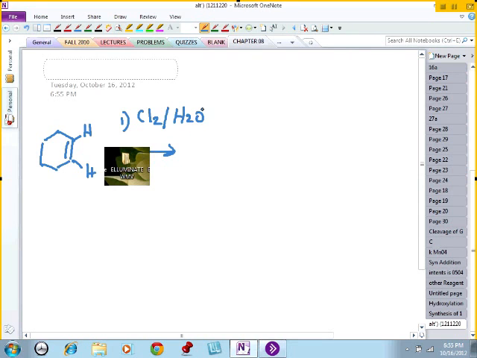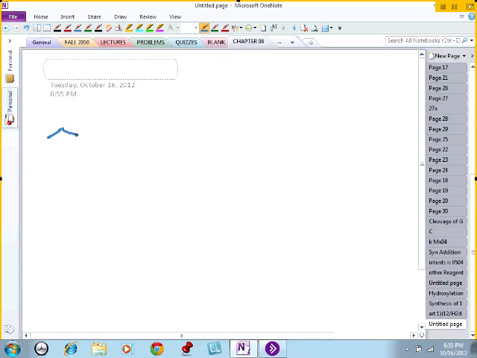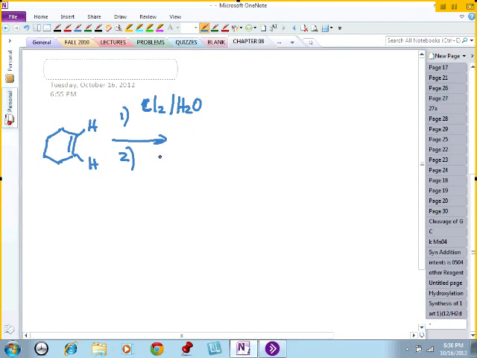And then we say step 2, potassium hydroxide or sodium hydroxide. Just people use chlorine or bromine, and then step 2, we say potassium hydroxide or sodium hydroxide.